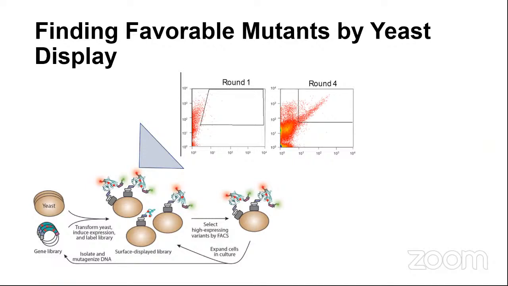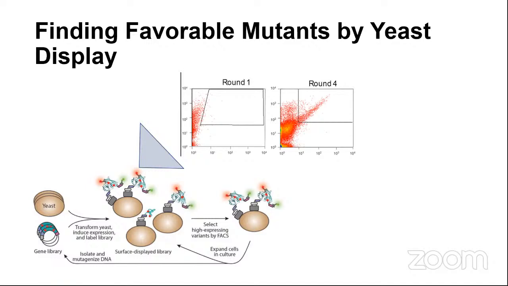I think it's generally 6 for yeast display. You're limited in how many sites you can incorporate. You use error-prone bases at that site, and then you screen by fluorescence-activated cell sorting for the ones that bind to the surface.